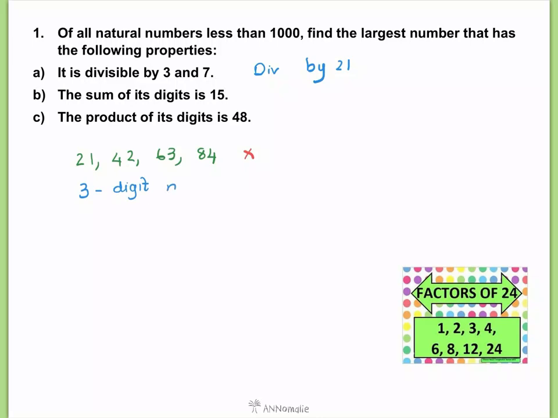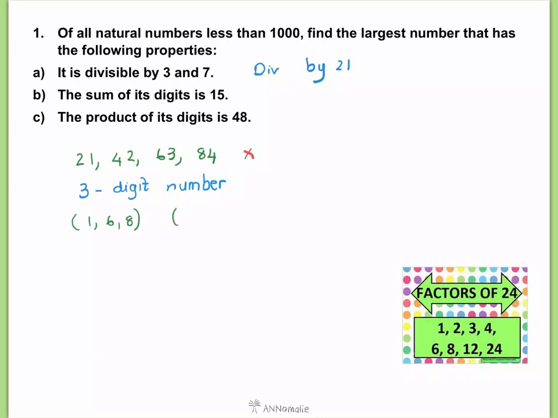3-digit number. Let's use clue C to help us with that. If it's a 3-digit number and the product of its digits is 48, what can that possibly be? So that could be a 1, a 6, and an 8.